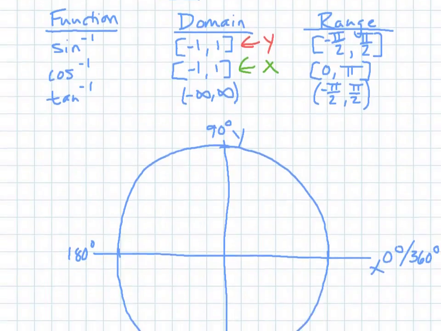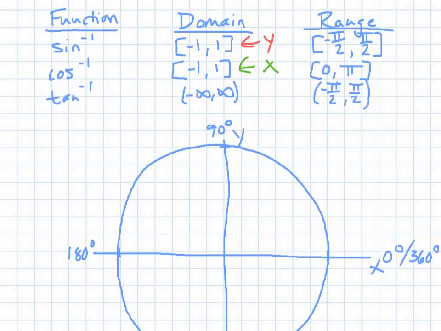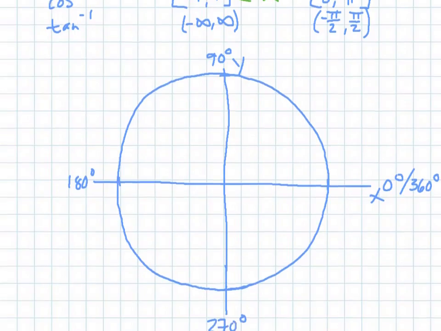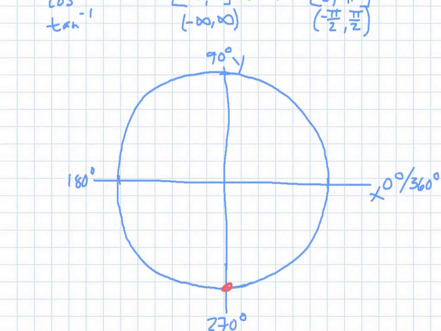Okay, so for sine, let's just talk about that real quick. You're going from -1, down here, this point, 0, -1, that's the lowest sine can be, to the top, where that's the highest value that sine can be for a y value.